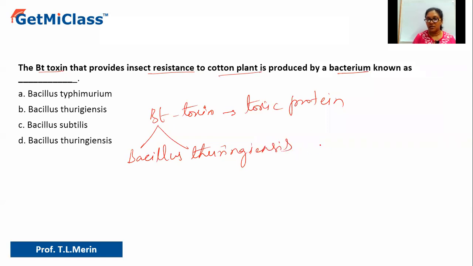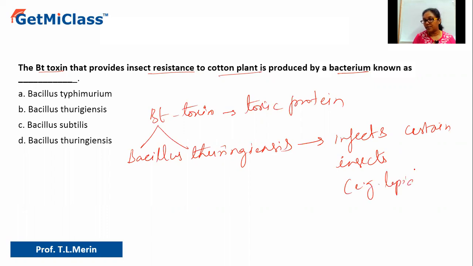thuringiensis. Okay, so this Bacillus thuringiensis infects certain types of insects and brings about death of the insect. For example, lepidopterans.